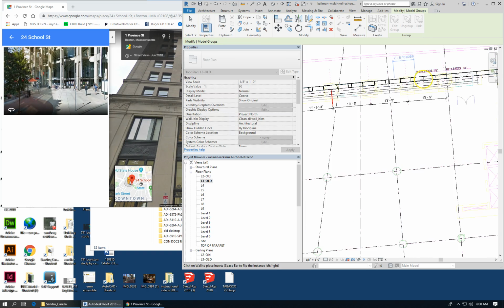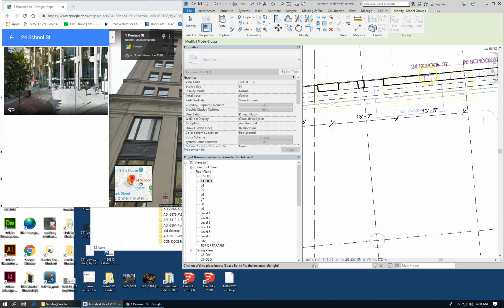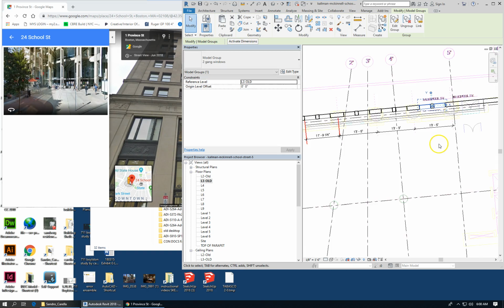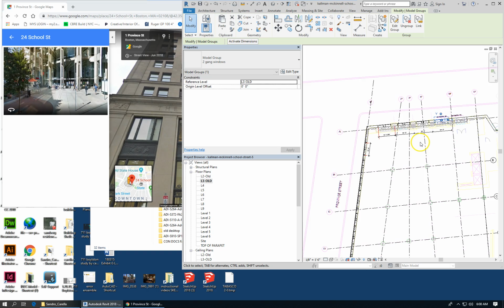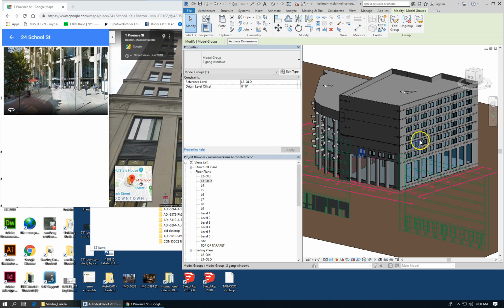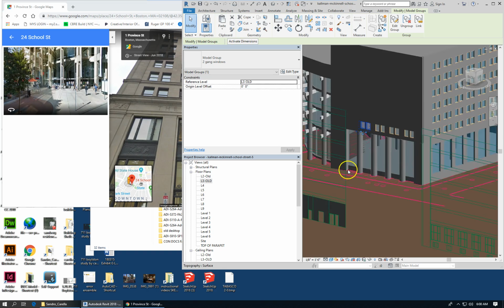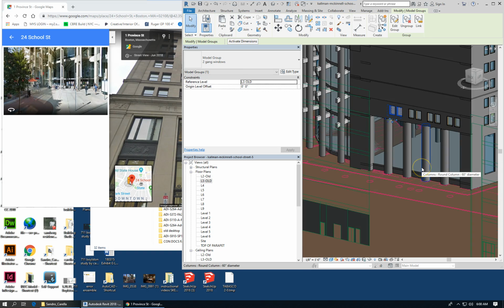Why am I doing this as a model group? Because if I need to modify it, I want to modify all instances of it. So you need to sort of understand where you are spatially when you're doing this, and that's what I did there.